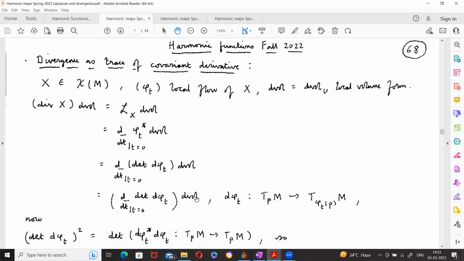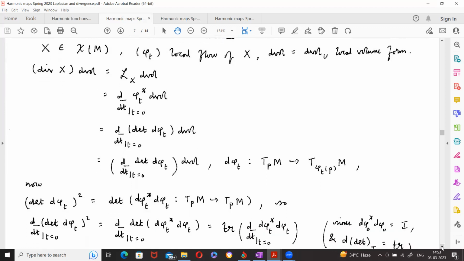All right. So now look, where is d phi t going? It is going from the tangent space at P to the tangent space at phi t of P. What I want is a linear map which goes from the tangent space to itself. So for that, what I can do is look at the square of the determinant. This I can write as the determinant of d phi t star d phi t. This will go from the tangent space back to itself.